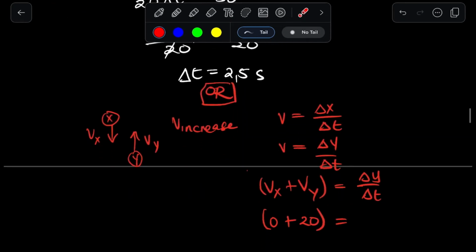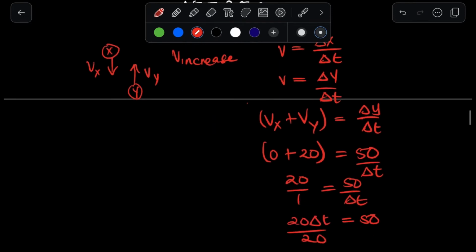So we'll say that is equivalent to 50 over change in time. So it's going to be 20 equal to 50 over change in time. And then we cross multiply, we'll have 20 multiplied by change in t, and then we divide by 20 both sides. So change in t, it's going to be what? 2.5 seconds. So they took 2.5 seconds.